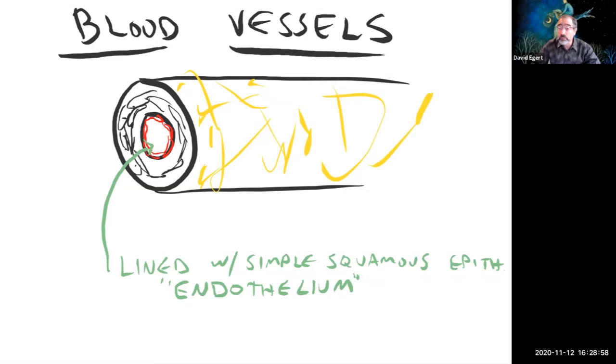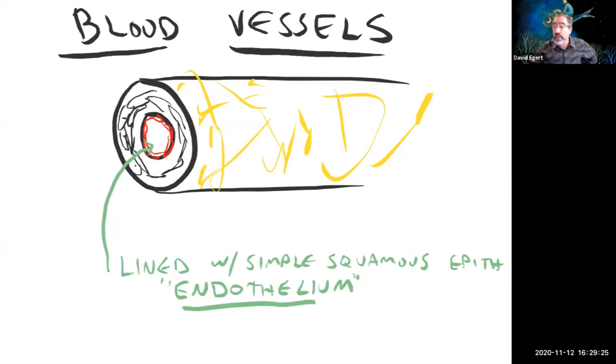This is going to be important when we get to blood clotting in a little bit. Like, how do your little platelets know that there's been damage to the blood vessel and that it needs to actually repair stuff? It's because it's seeing connective tissue, collagen and stuff, instead of just seeing this wallpaper of simple squamous epithelium, this endothelium lining everything.